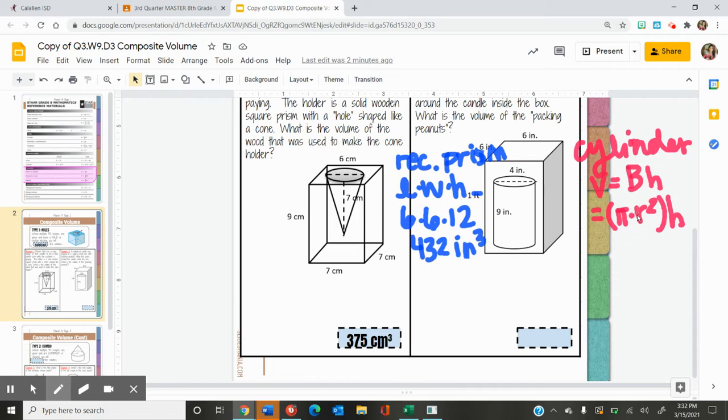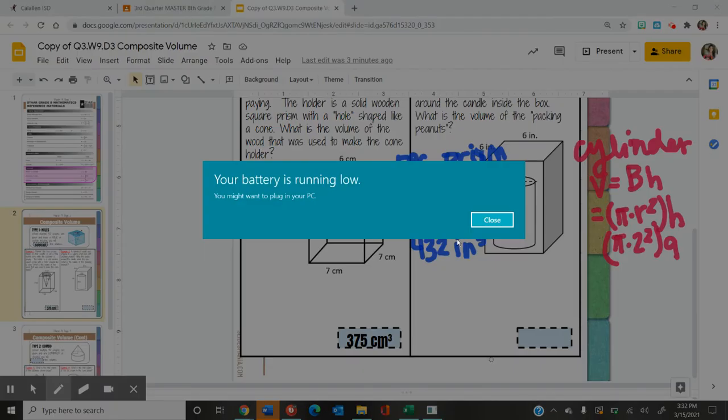So again, my first step is to find the area of my base shape. So I need to find the radius off of this circle. This line goes all the way across, so that to me indicates that it is my diameter. So to find my radius, I'm simply just going to divide by 2. So 4 divided by 2 is 2. So this is pi times 2 squared times the height of my candle, which was 9 inches.